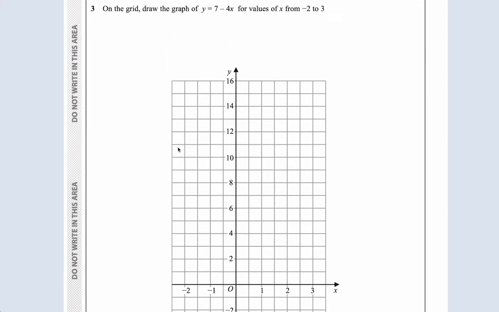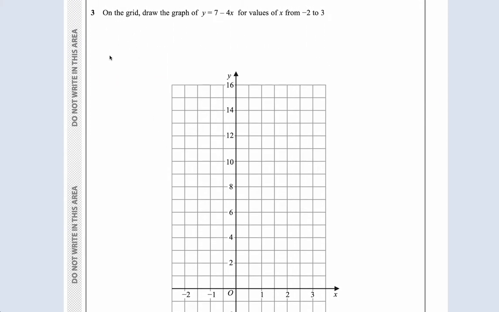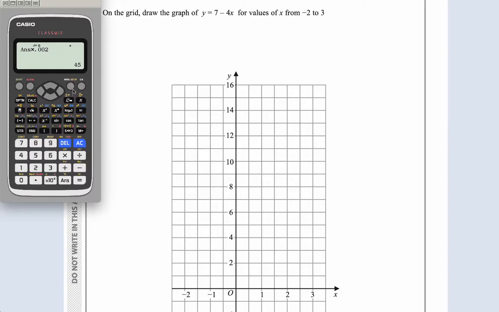Question 3. On the grid, draw the graph 7 minus 4x from minus 2 to 3. Now you could, guys, get out your calculator, make a table, put in our function 7 minus 4x. Don't mind the g of x.